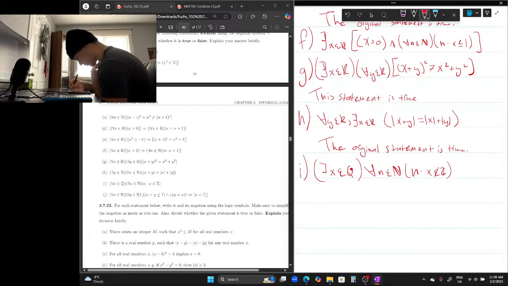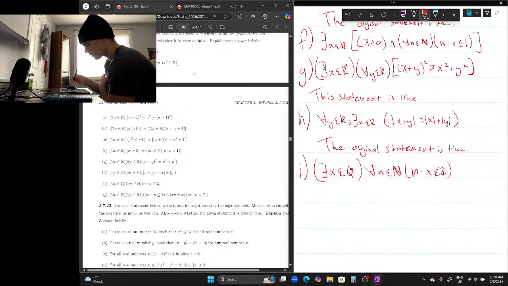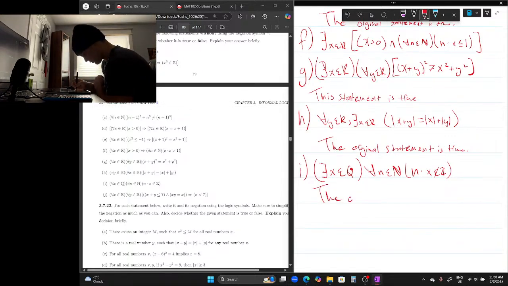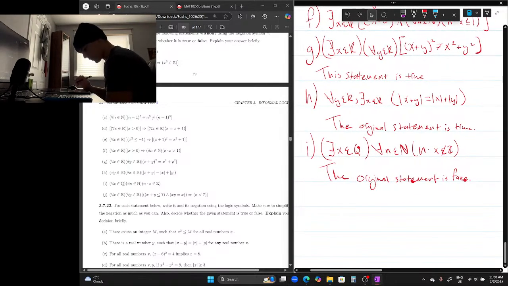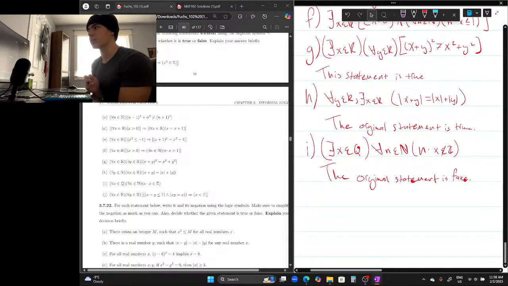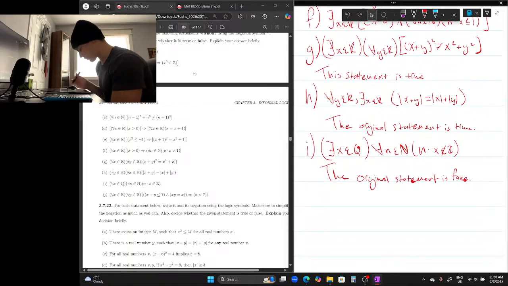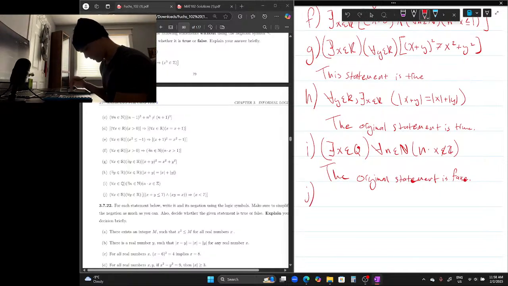Yes, this is pretty simple. So the original statement is false. So for I, you just choose whatever the denominator is on the x.